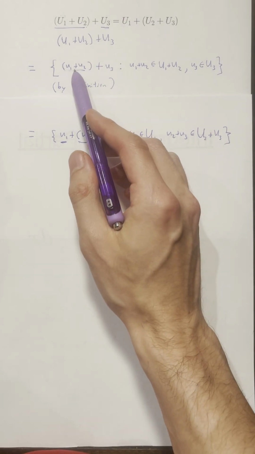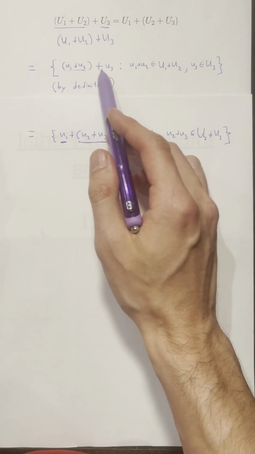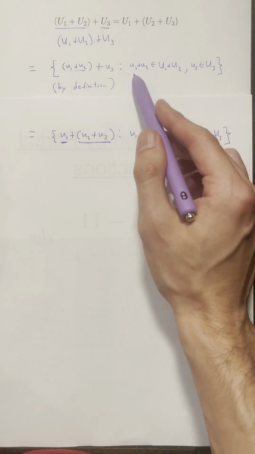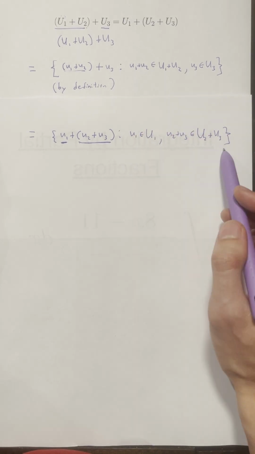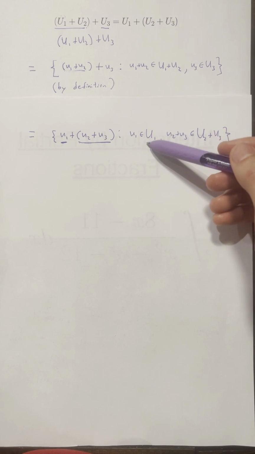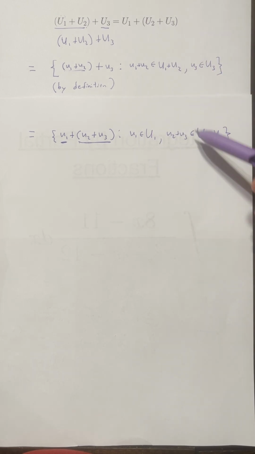So associativity with addition holds. Okay, but we need a way to bridge this and this. How do we do that? By the way, I think we're close to finishing the proof because we've got subspace U1 by itself and this subspace by itself. We just need to find the bridge.